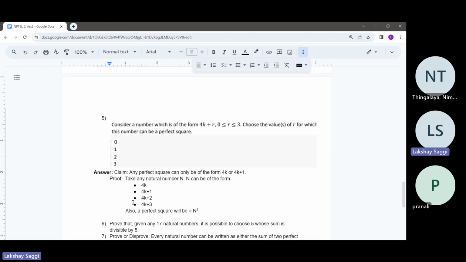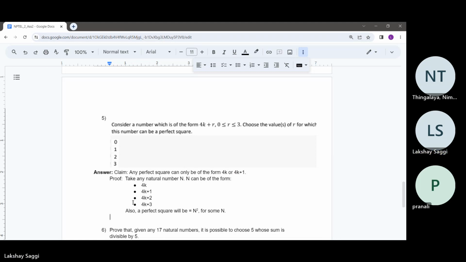A perfect square is basically the square of a natural number, so a perfect square will be equal to n square for some n. Like 9 is a perfect square because it is the square of 3, 9 is equal to 3 square. Similarly, 25 is a perfect square because it is equal to 5 square, right?